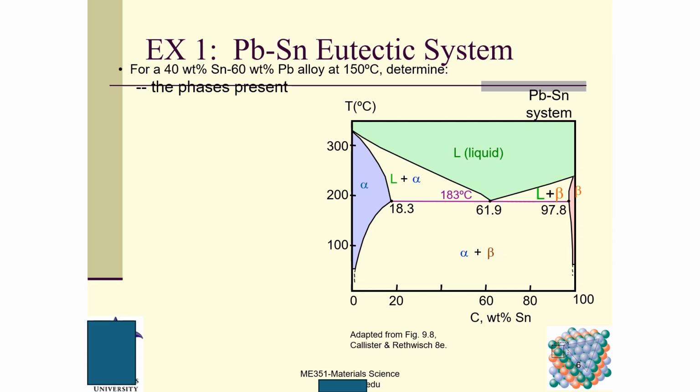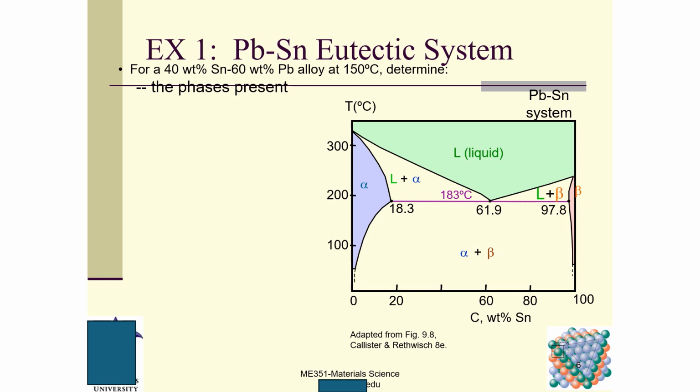The next example is a Pb-Sn eutectic system. Previously we talked about copper and silver, and here is the lead and tin eutectic system. You can see we also have alpha, beta, L plus alpha, and L plus beta.